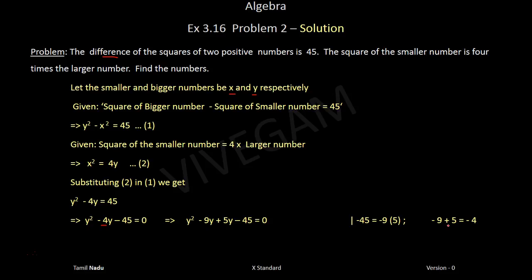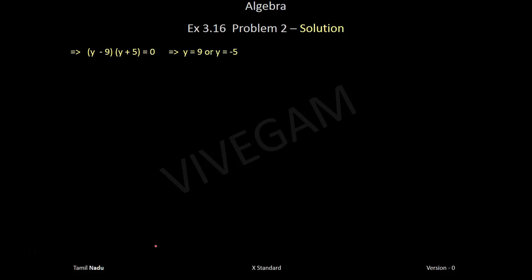Which means minus 4y must be written as minus 9y plus 5y. You can take y commonly out from these two, and 5 commonly out from these two terms, which makes y into y minus 9 plus 5 into y minus 9. Now you can take y minus 9 commonly out. You will get y minus 9 into y plus 5 equal to 0.